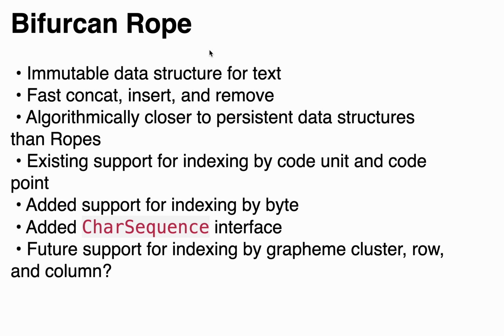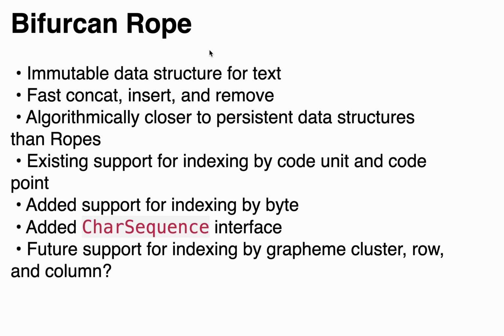One thing to point out for those that are curious is that if you Google rope, the Wikipedia page will show you specific algorithms. But I don't know if rope is actually the best name for this data structure, because it's closer to persistent data structures like the persistent vector in Clojure.